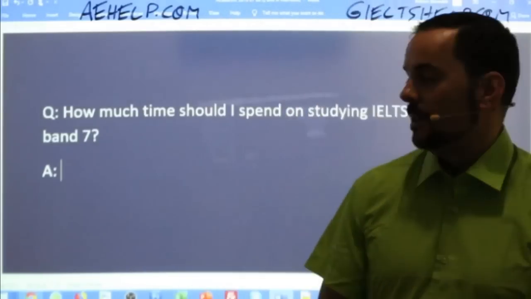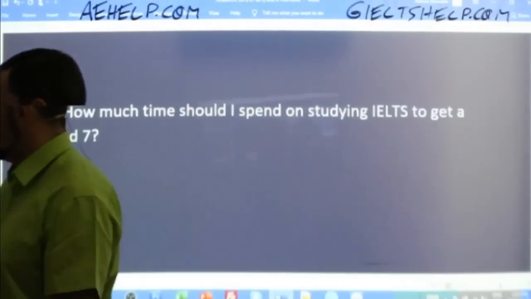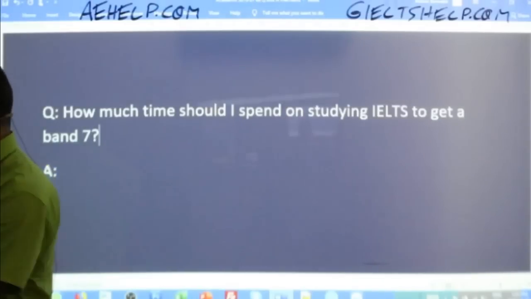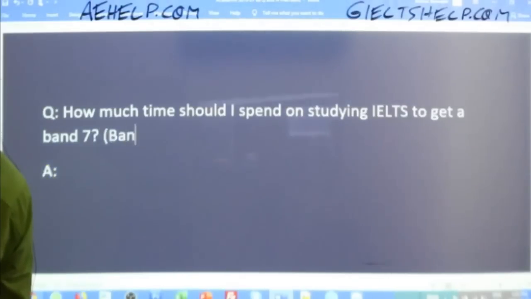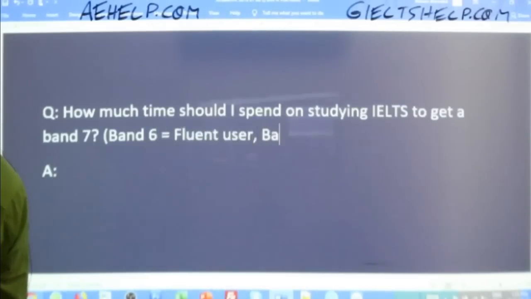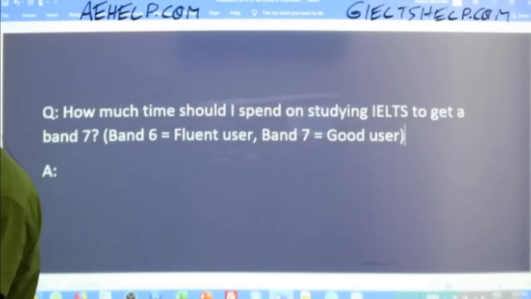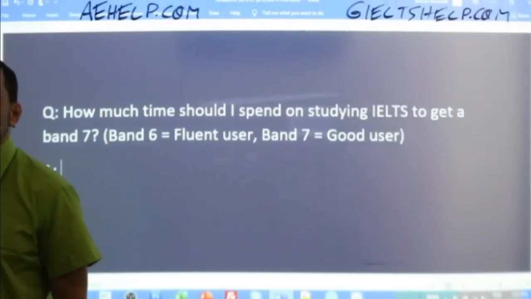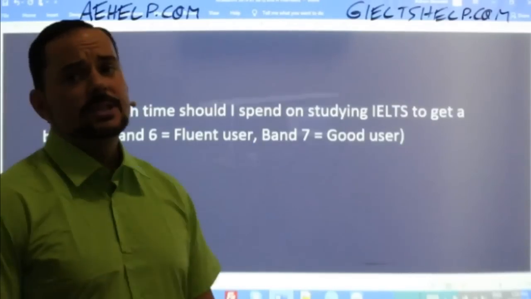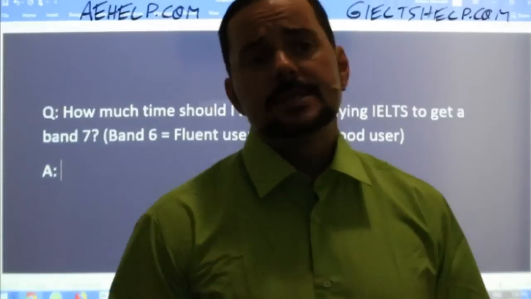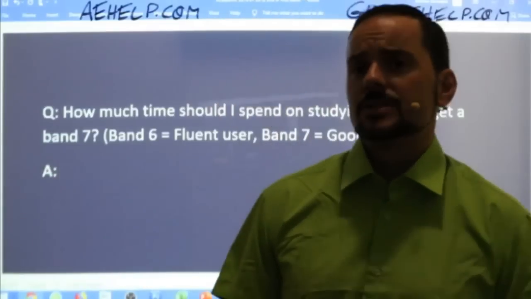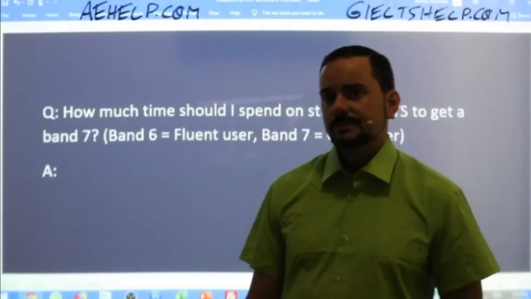Well, first of all, a band 7 means a good user of English, right? Band 6 equals fluent user. Band 7 equals good user. Okay, just so you have an idea of what we're talking about this. Yeah, so Kisi says something very smart. So Kisi says, well, it basically depends on people's skills, right?